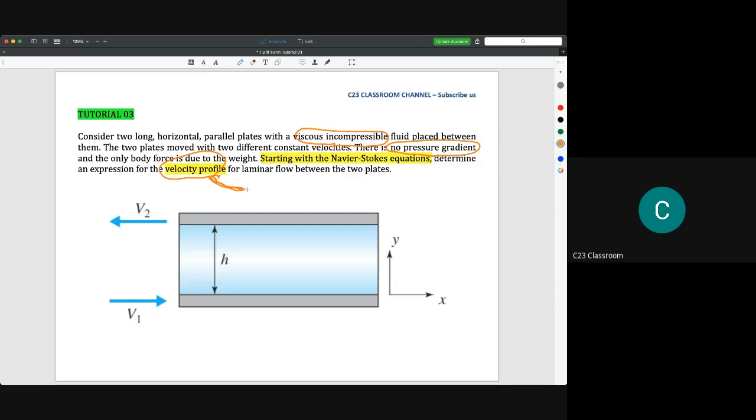So in this term, we have two plates here and here, and the bottom plate is moving at V1 velocity from left to right. And then the upper plate here is moving to the left side like this with velocity V2. And the gap between this surface and this surface is expressed as h. Okay, and then this is the x direction and this is the y direction.